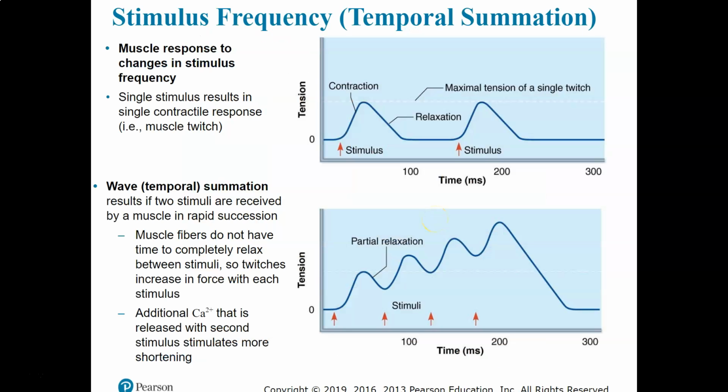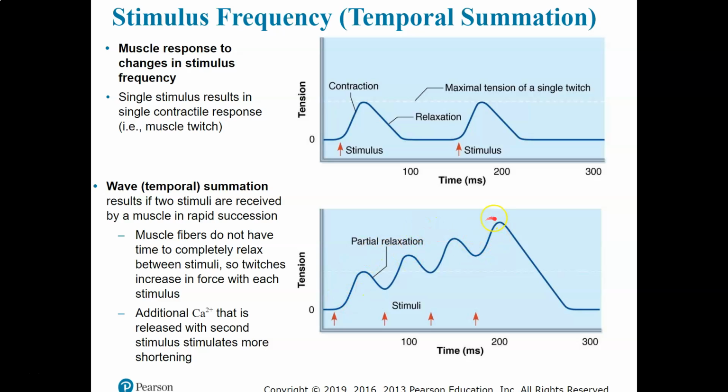So with stimulus of contraction, if a muscle is only stimulated again after it's completely relaxed, then we're just going to see single twitches, and we don't get this building up of contraction. However, if a muscle gets repeatedly stimulated before it has a chance to completely relax, then what happens is the tension starts to build on itself.